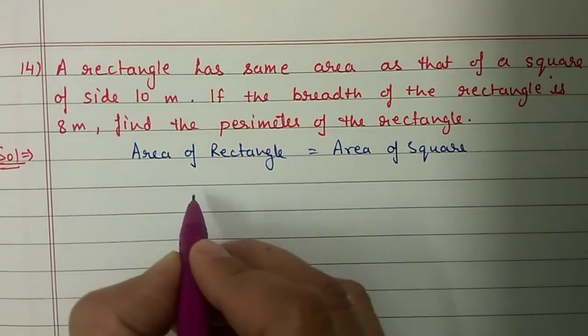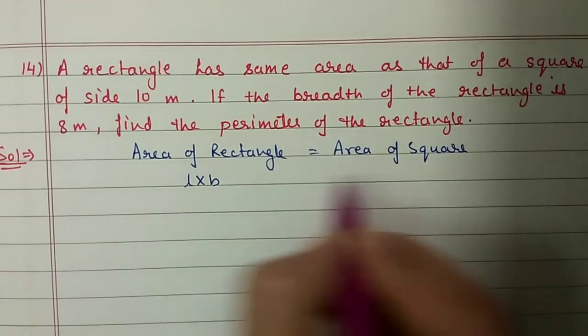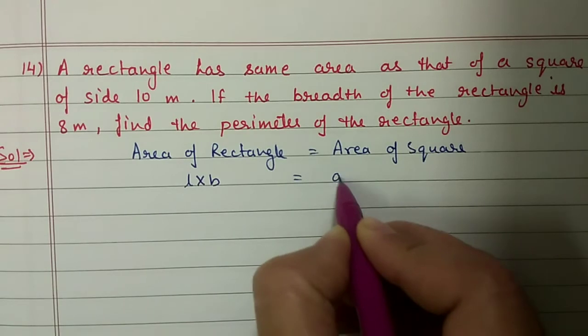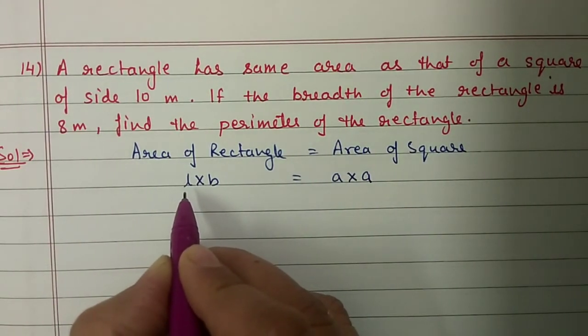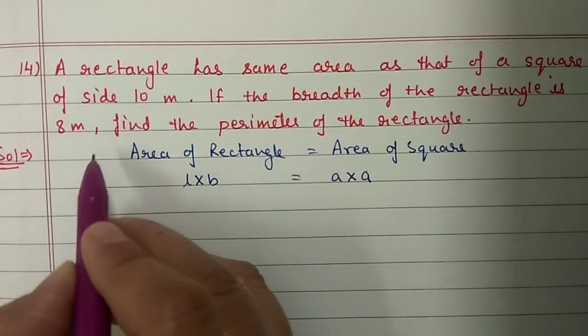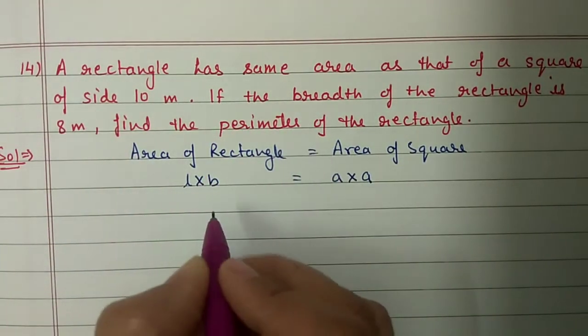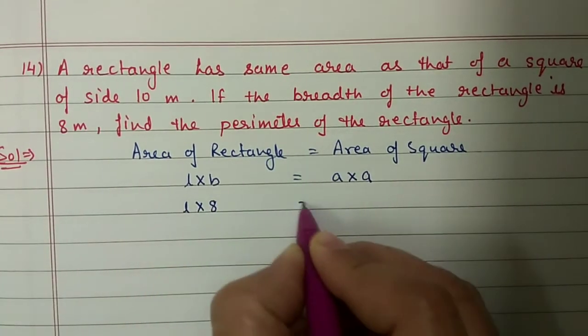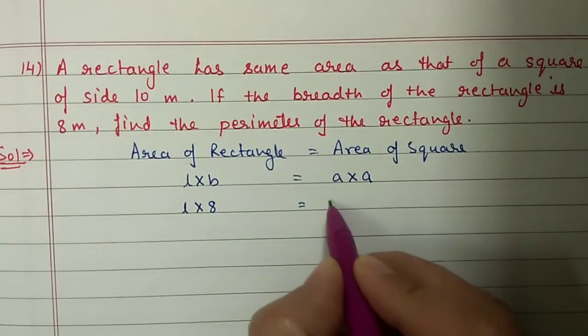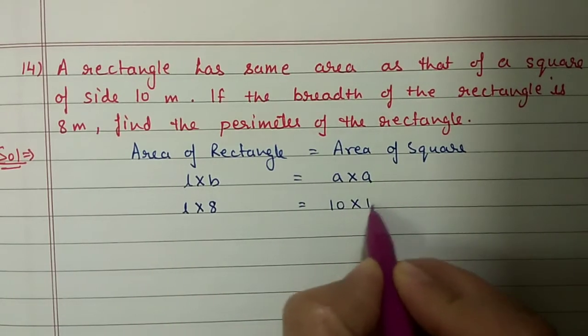So area of rectangle formula is length into breadth, and area of square formula is side into side. Breadth is given as 8 meter, length we have to find out. So length is not given, breadth is given 8, and each side of the square is given 10 into 10.